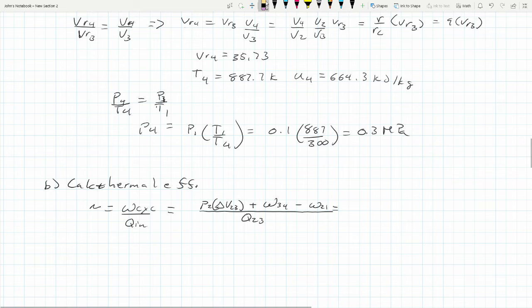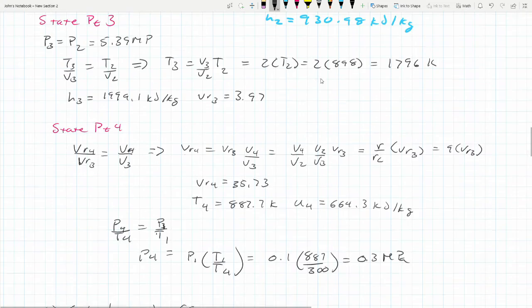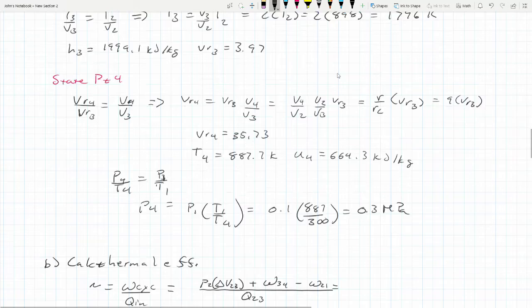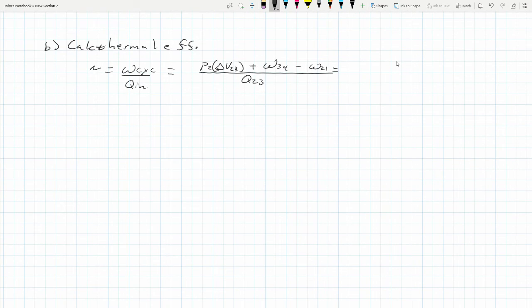Well, I can find it, because I know that I can find V2 and V1. So we're going to do that. Efficiency is equal to Q in minus Q out over Q23, which is equal to Q23 minus Q41 over Q23, which is equal to 1 minus Q41 over Q23.